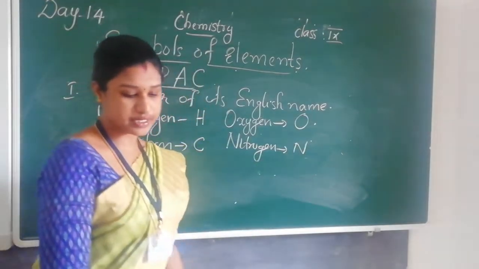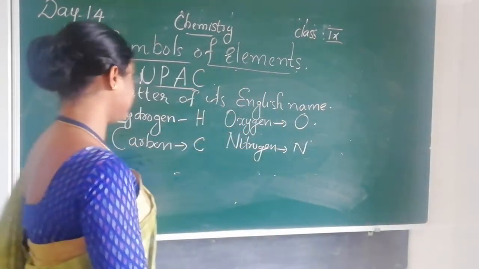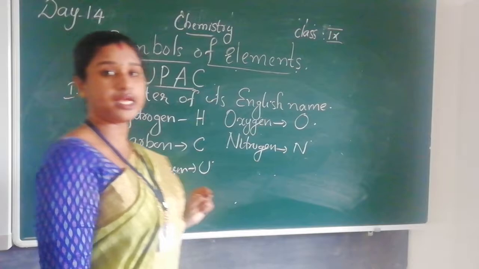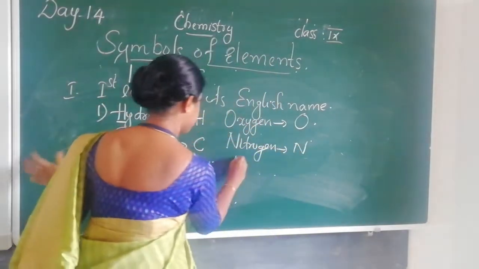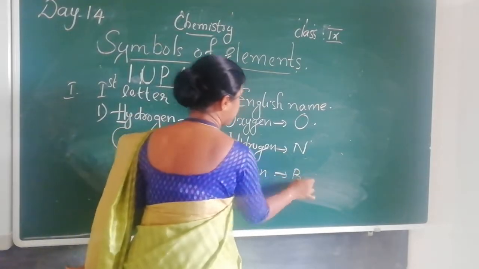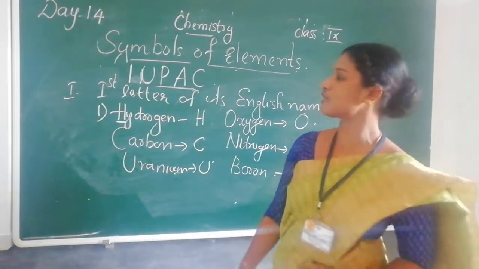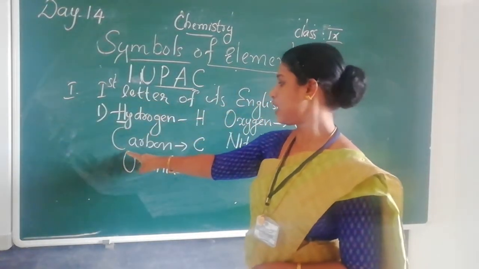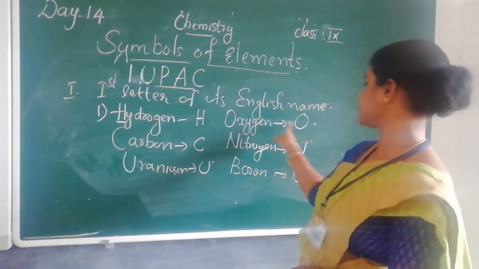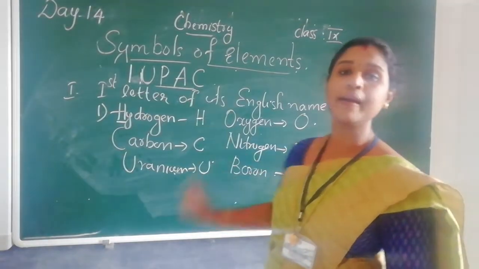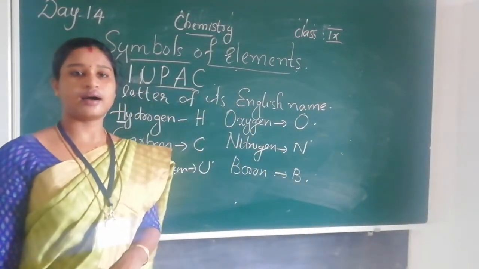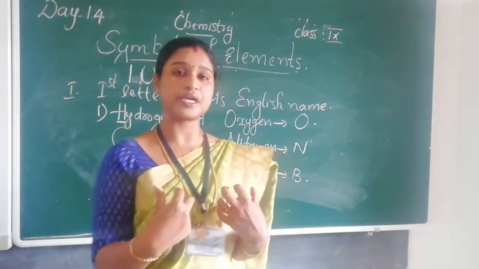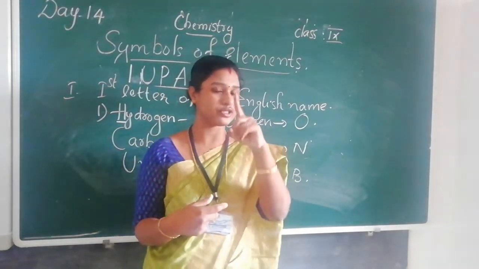N. Nitrogen, its first letter is N. And uranium, U. Boron, B. So these are examples of symbols taken from the first letter of the English name: hydrogen H, carbon C, uranium U, oxygen O, nitrogen N, boron B. Some examples of symbols of certain elements adopt the first letter of their English name. Understood, all of you? So that is the first rule.